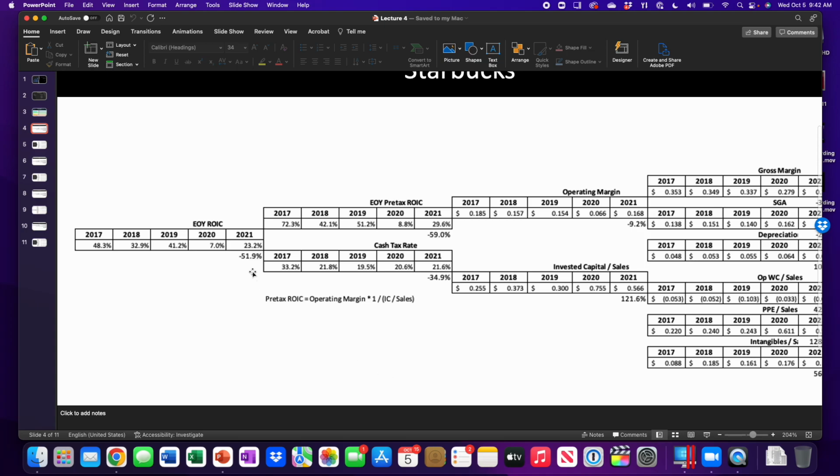All right, right here, we can see that Starbucks ROIC in 2017 was 48.3%. In 2021, it fell to 23.2%. That is a 5-year drop of 51.9%. Okay, so that's the first thing. Why did Starbucks ROIC fall from 48.3 to 23.2% over the 5 years?